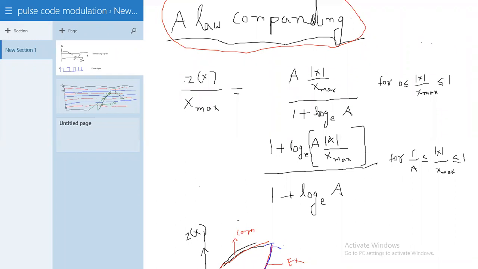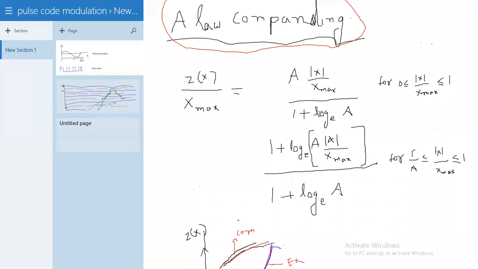Do you understand the process of compounding? What are the uses of compounding? Emma? Yes, ma'am. Others, tell me. So compounding is a uniform quantization or non-uniform quantization?